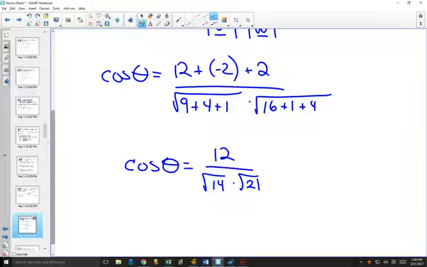So if I now go to my calculator and go cos inverse of 12 divided by the square root of 14 times the square root of 21, I get 45.6 degrees. I already knew, since this was positive in the line above, that that angle should be between 0 and 90 degrees. Had it been negative at this point, I would have found out that that angle would have been obtuse.